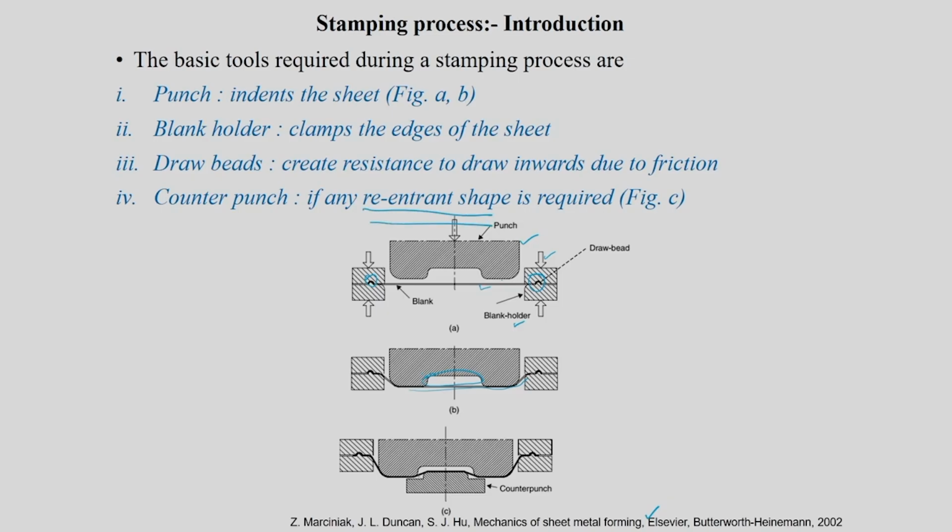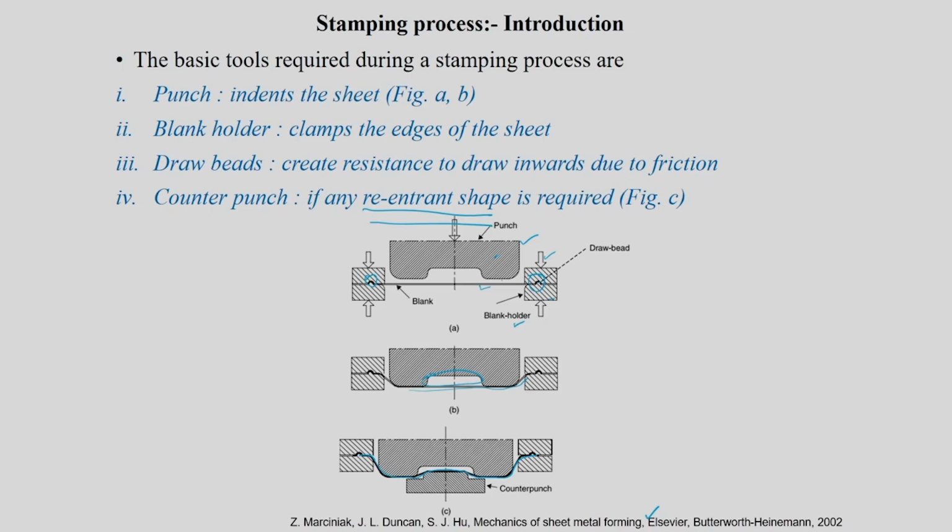Re-entrant shape means you can see that the sheet is deforming like this, and then there is an inward movement of the sheet, and then it is coming down and goes undeformed. This kind of re-entrant shape can be made with the help of a counter punch. So you have a punch, a blank holder, a draw bead, and a counter punch, and of course you need a die. All together it is going to give you this particular shape.